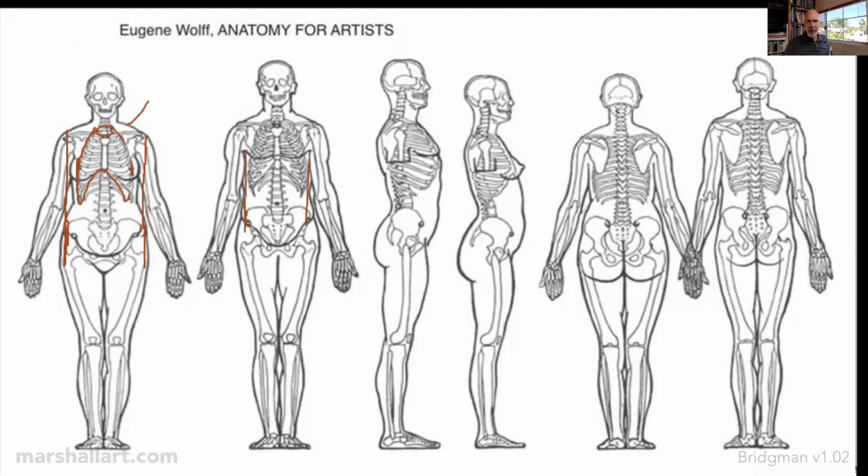Same back here. Oh, you really notice it back here. That is a wider pelvis than that rib cage. This pelvis, a little bit wider in his case. Real close, though.